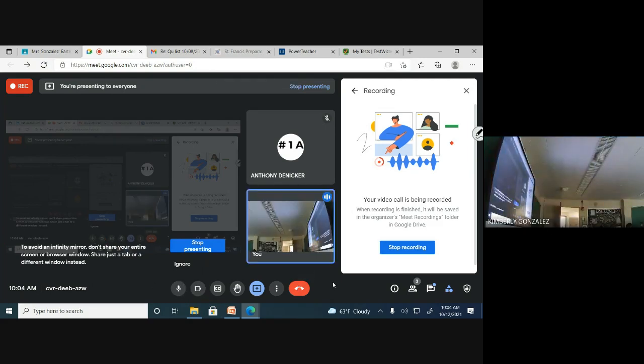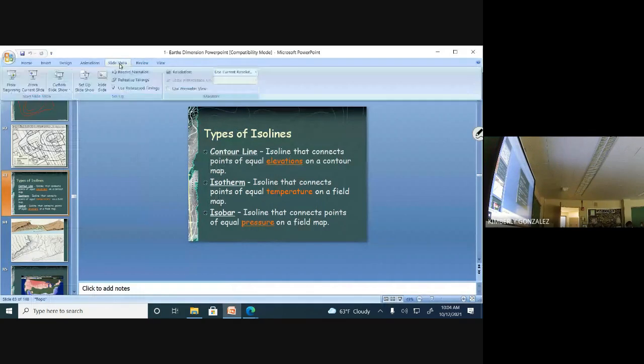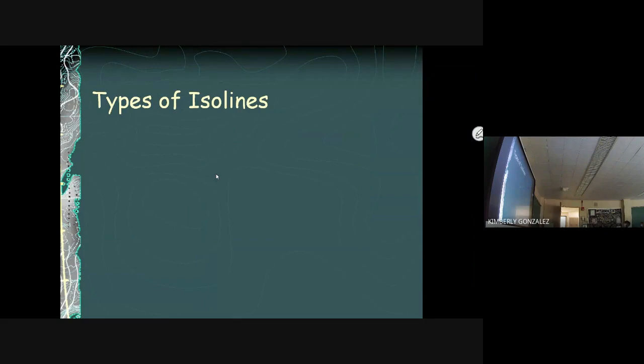isobars are going to be about pressure. All right. And the reason for it is this. A bar is a unit of pressure. Okay. A bar is a unit of pressure. I'm not just checking my phone to check my phone.